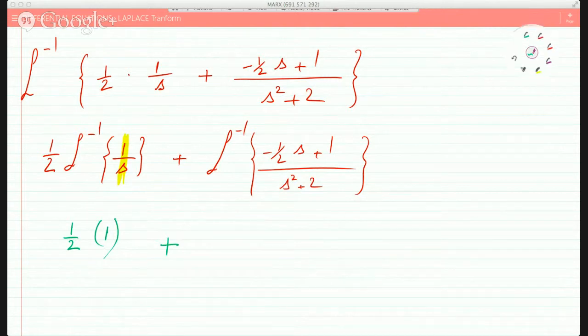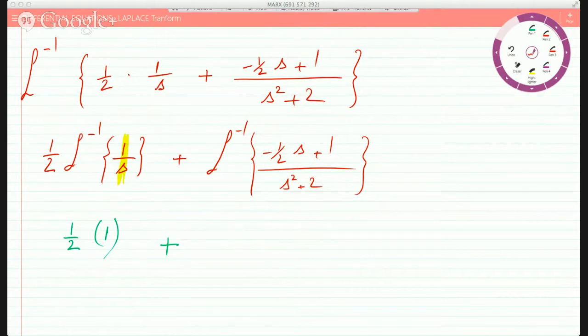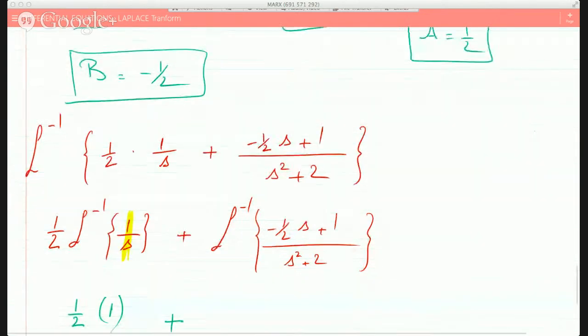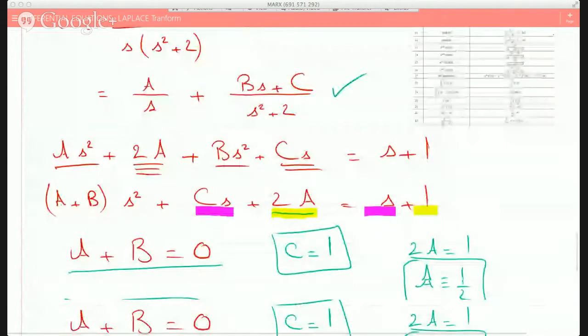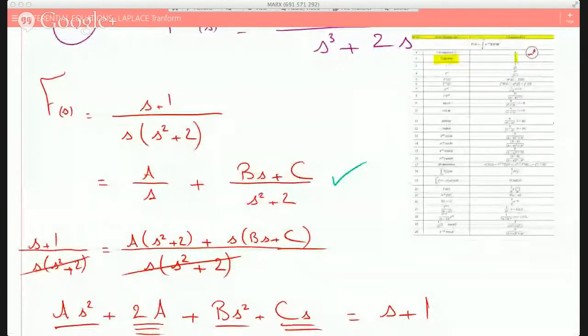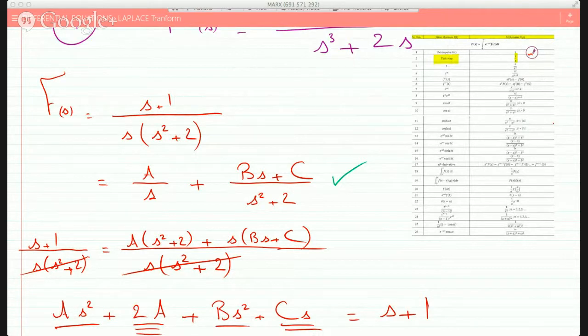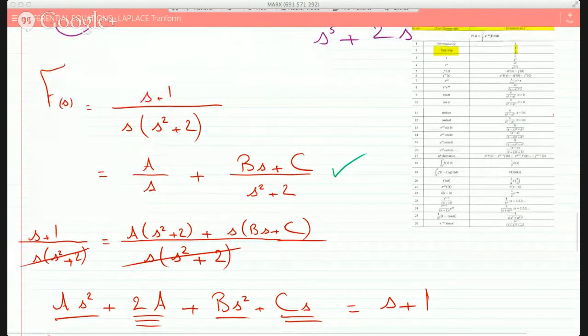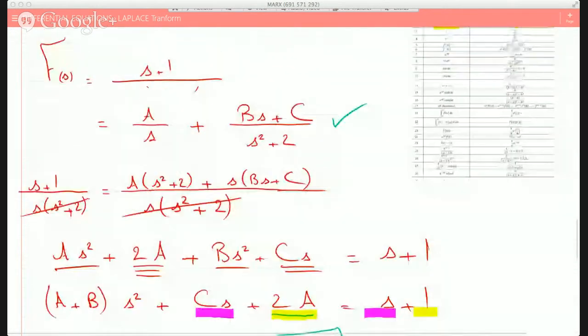Let's see how we're going to simplify this. Because you see s squared plus 2, I have here an s squared plus. I just don't have the numerator matching, yeah? So if you look at 11 or 12, wherever I have an s squared, I either have an s or an a on top.